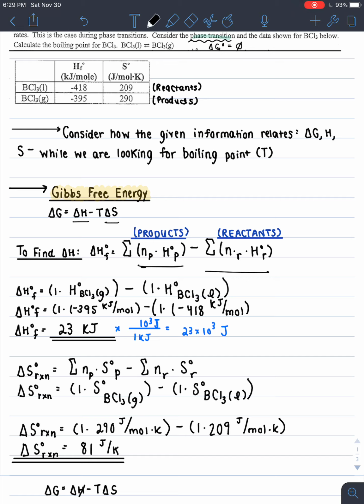The last thing to consider, though, is the number of moles. We can tell from the reaction BCl3 liquid to BCl3 gaseous that it's a 1-to-1 molar ratio.